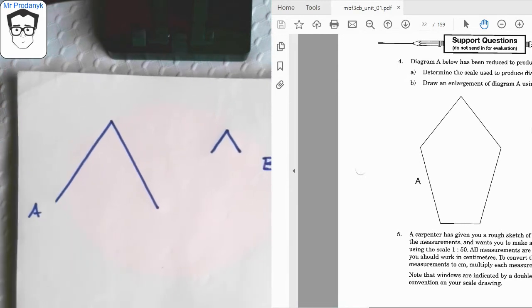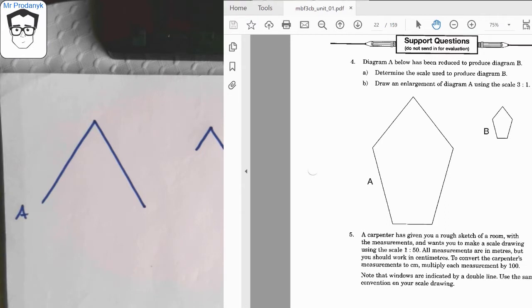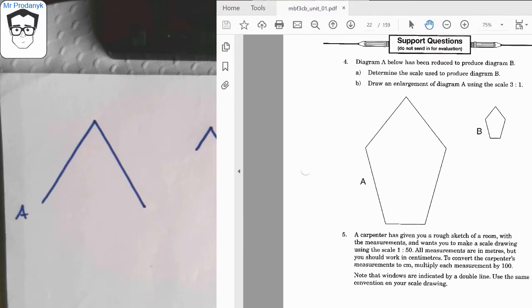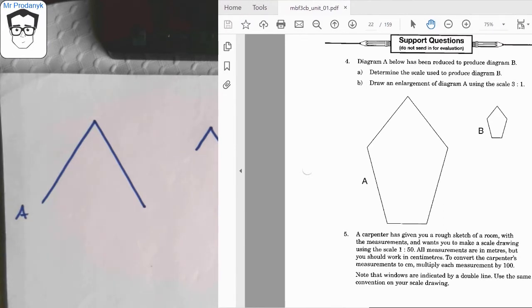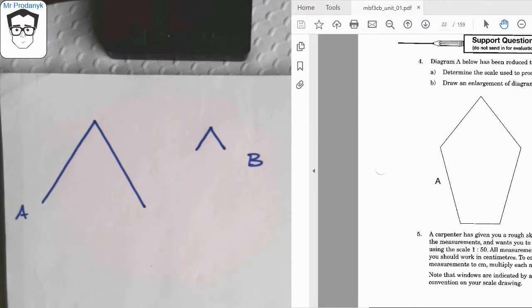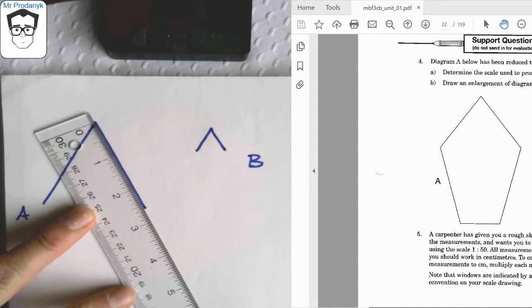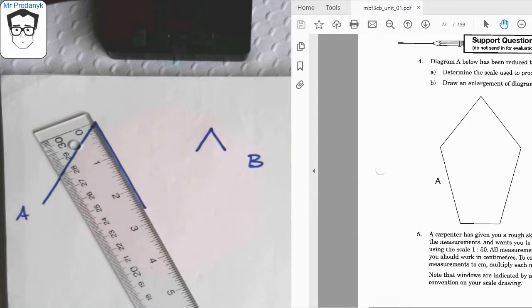And the question here is asking you to determine the scale used to produce diagram B. So we need to find out what the scaled down factor is between A and B. So what you're going to have to do is you're going to have to measure the long side of diagram A.